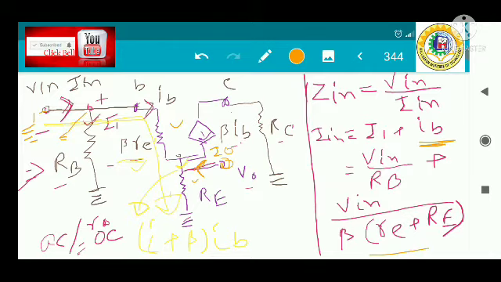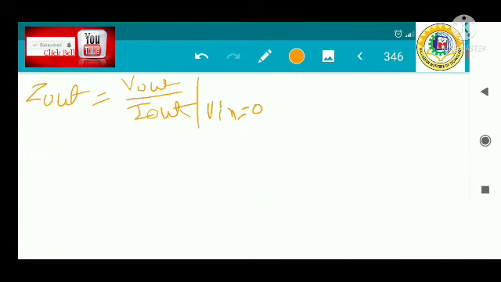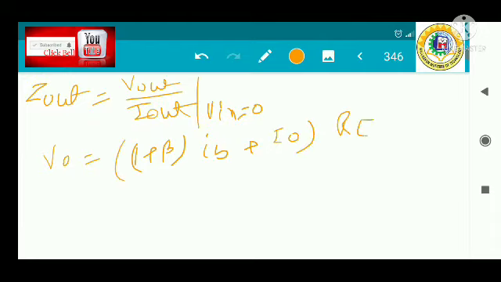So 1 plus beta IB into RE plus I0 into RE. So this is the output voltage expression. Okay, this is the current I0. So I0 into RE plus 1 plus beta into IB into RE. Okay, so this is the output voltage expression. So the output voltage expression will be 1 plus beta IB plus I0 into RE.